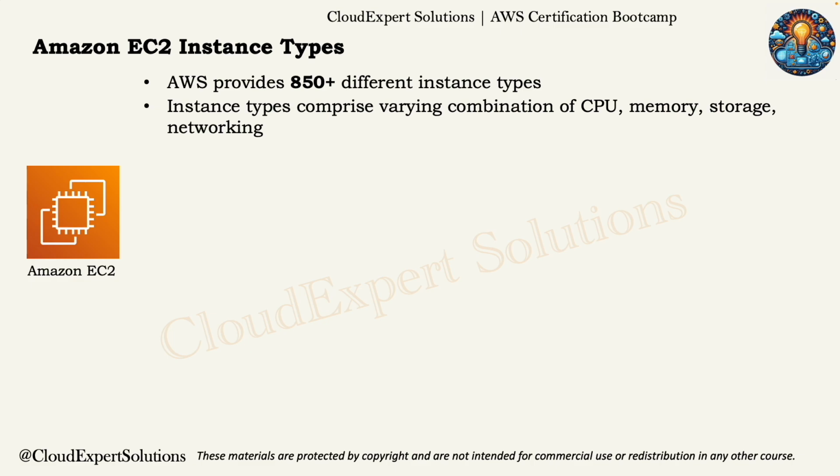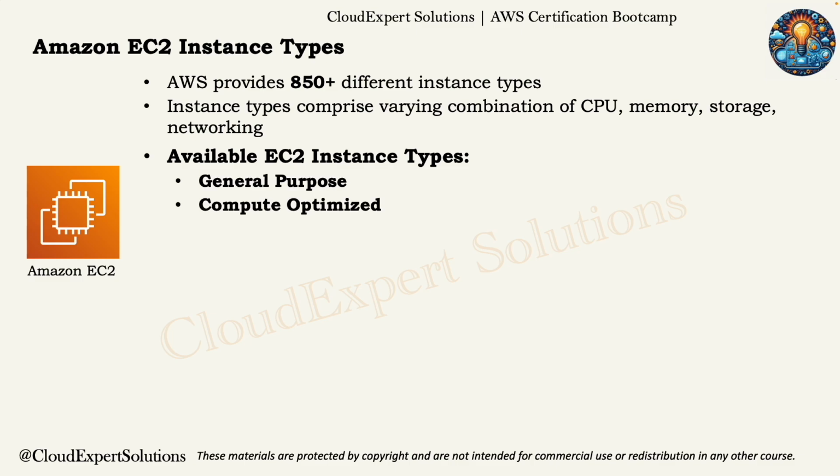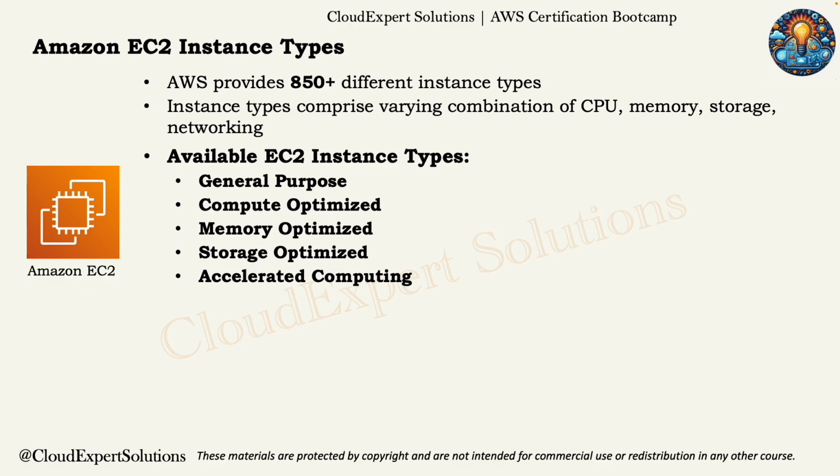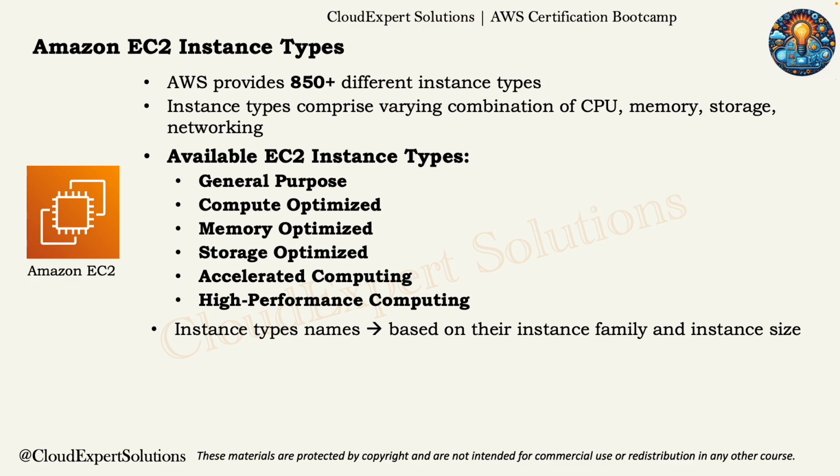Available EC2 instance types are general purpose, compute optimized, memory optimized, storage optimized, accelerated computing, and high performance computing. Instance types are named based on their instance family and instance size.